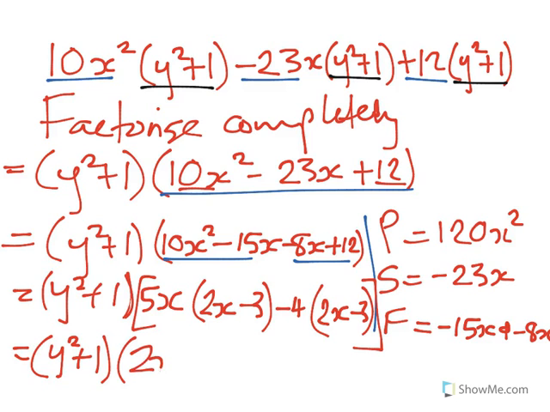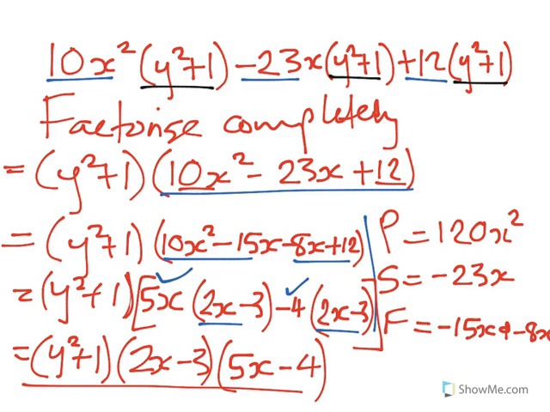Then you've got 2x minus 3 in the brackets, and you write what is outside the brackets, which is 5x minus 4. That becomes the final answer. If you're marking yourself, this is the answer for that.